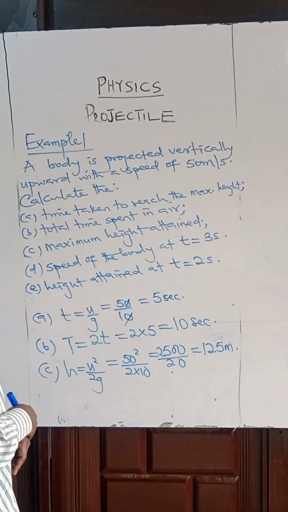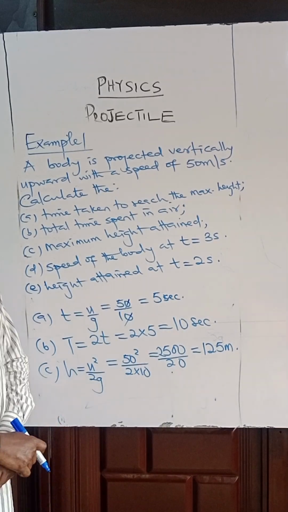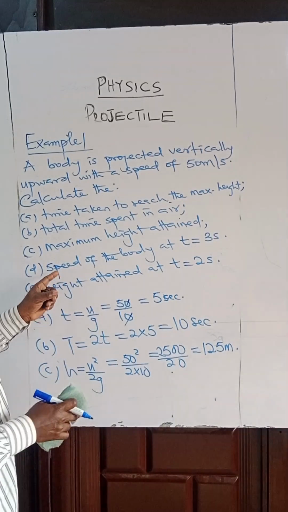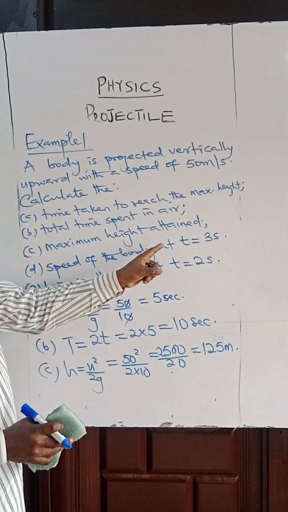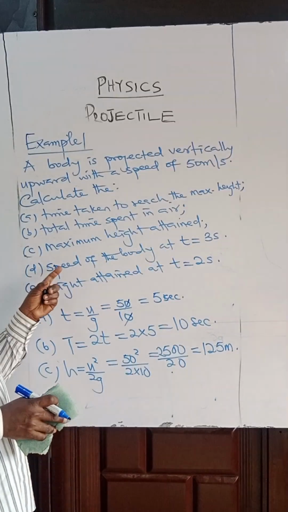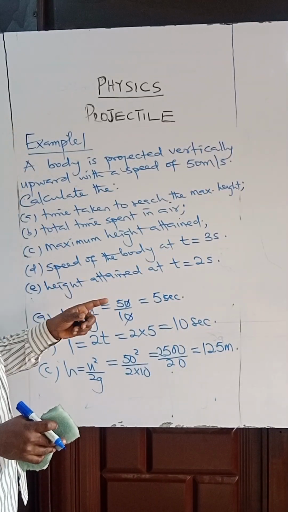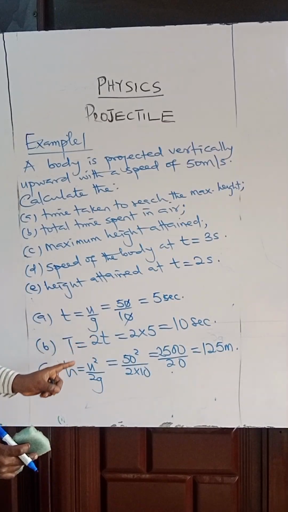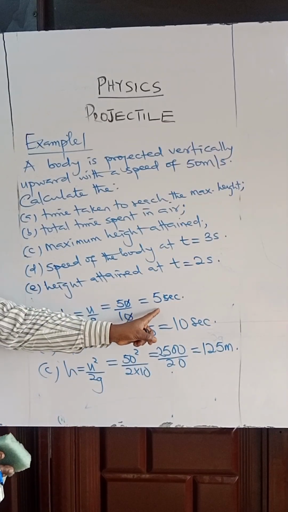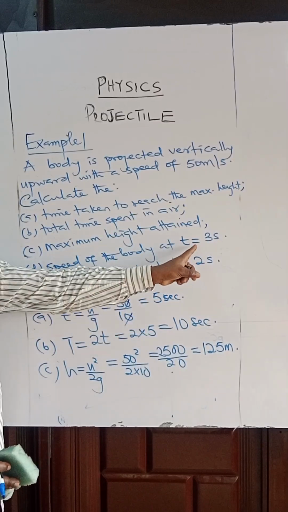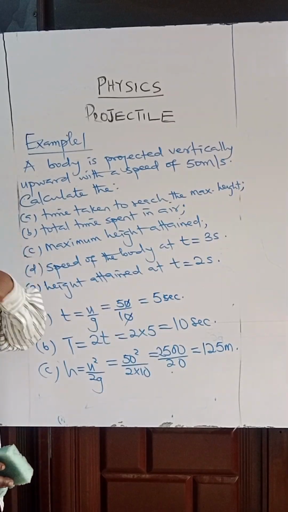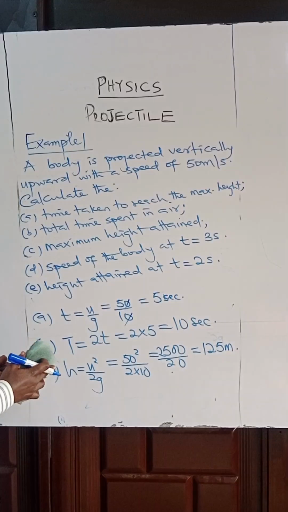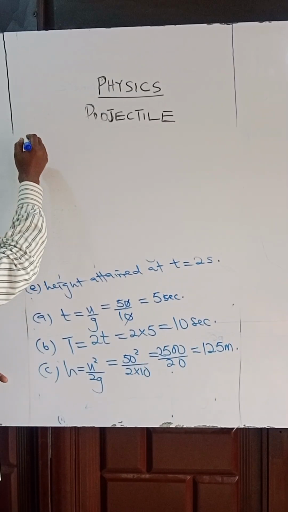That is the maximum height attained. Now look at the speed. Calculate the speed of the body at t equals 3 seconds. You know the speed will be 0 at maximum height, but at 3 seconds it has not attained the maximum height. It only attains the maximum height at 5 seconds. So at 3 seconds it still has a velocity or speed at that point. That is part D of the question.